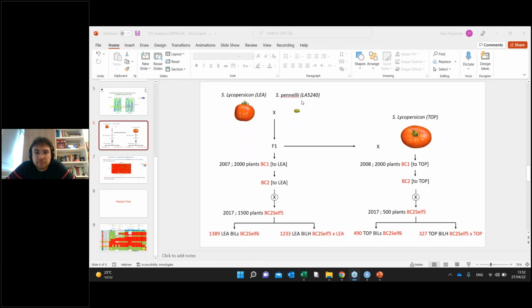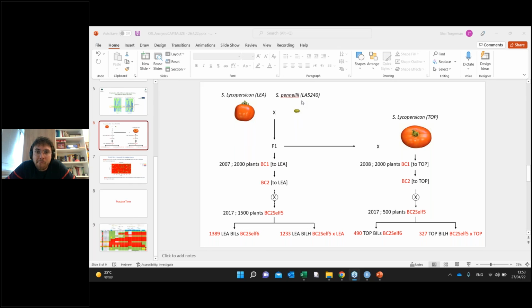We have a BIL population, and also the famous IL population that contains 70 lines, and we have a Neolycopersicon population of BILs and a chilense population of BILs.